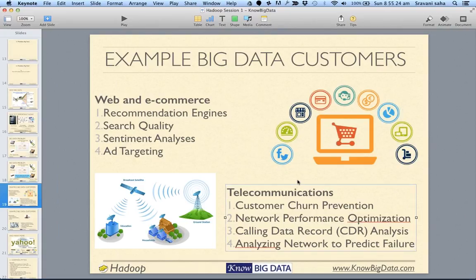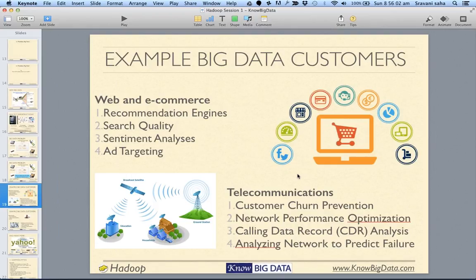All right. Now, other than that, you have telecommunication companies, which do a lot of customer churn prevention based on the past behavior of users before they leave you. They try to figure out how many times the user called, how many times his calls have been dropped in the past few months, and what his bill has been.